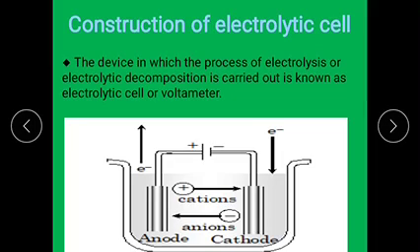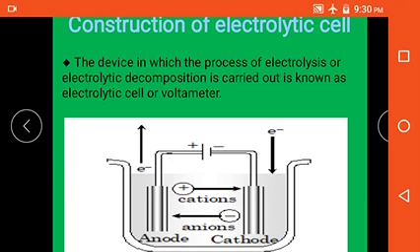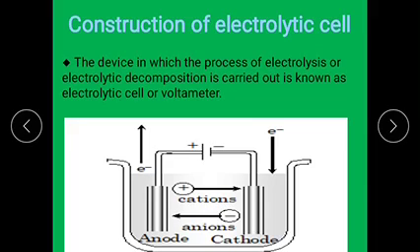The device in which the process of electrolysis or electrolytic decomposition is carried out is known as an electrolytic cell or voltameter.